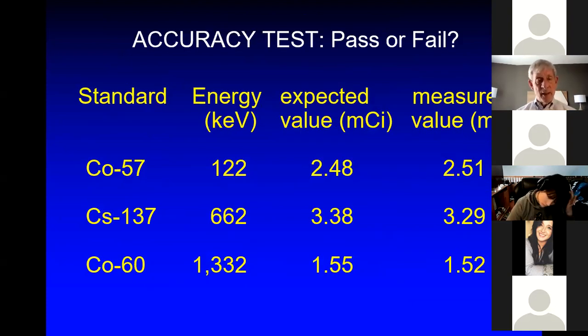Now you'll see on the left-hand column, those are the three isotopes, cobalt, cesium, and the other cobalt. You can see the energies that are listed there. And the calibrated values for today's date are shown in the third column, and our measured values are in the fourth column. So you want to compare column 4, column 3, and make sure that they are within 10% of each other. So look at those numbers and tell me if you think this is a pass or a fail.